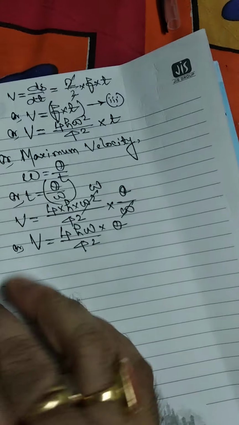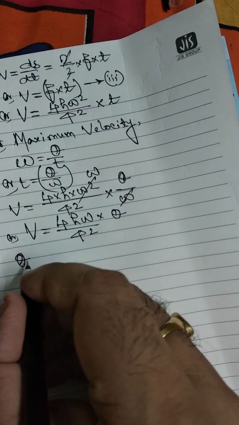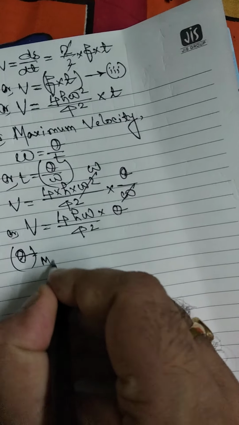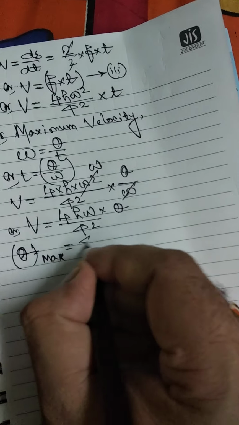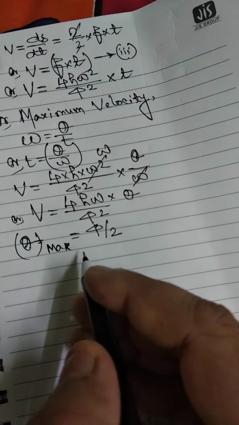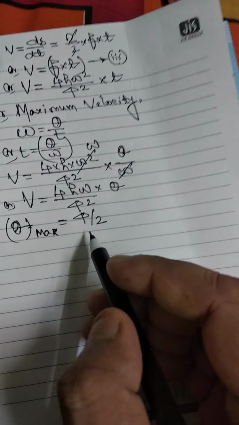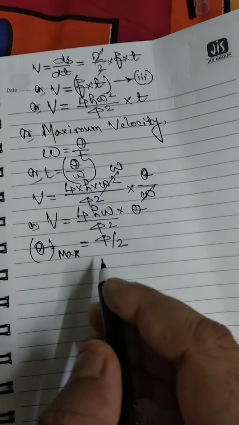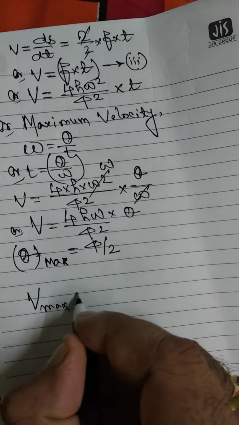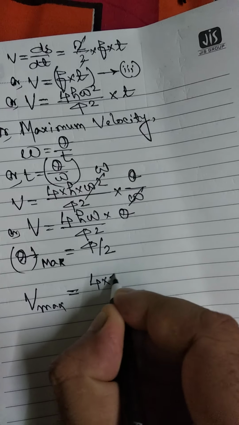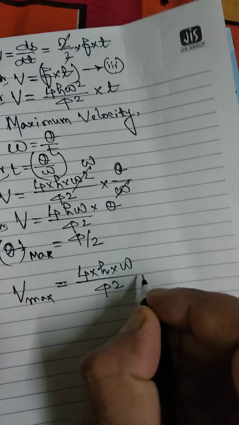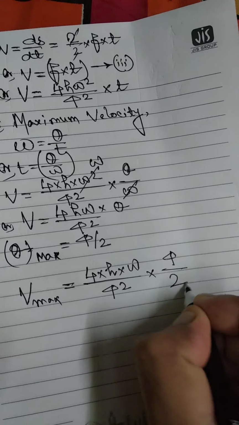Now for the maximum velocity, theta will be maximum. Theta max equals phi by 2, that is, the maximum cam angle will be reached when the follower is at midway. So then v max equals 4 into h into omega by phi square into phi by 2.